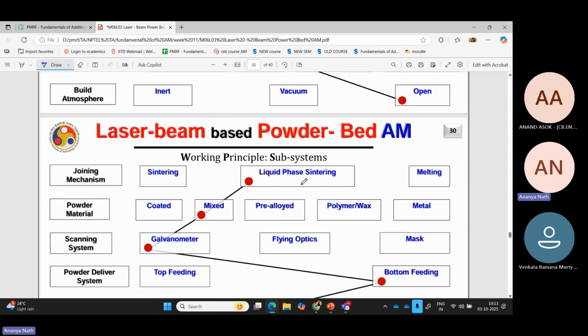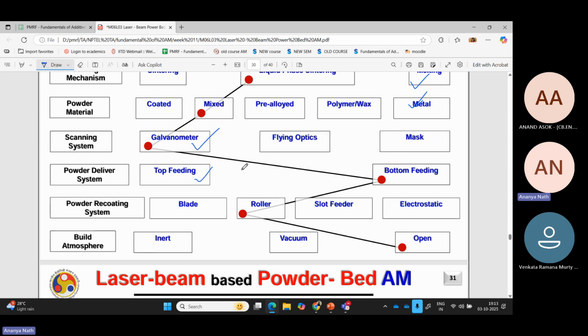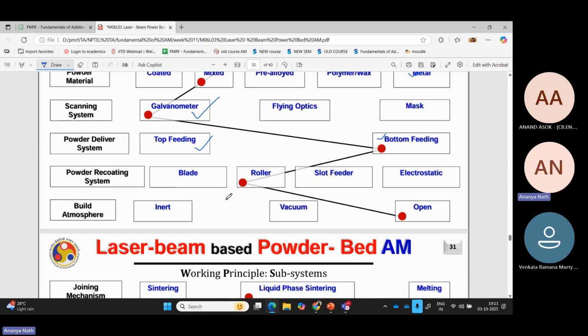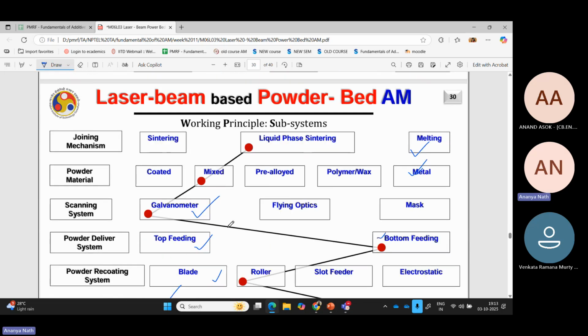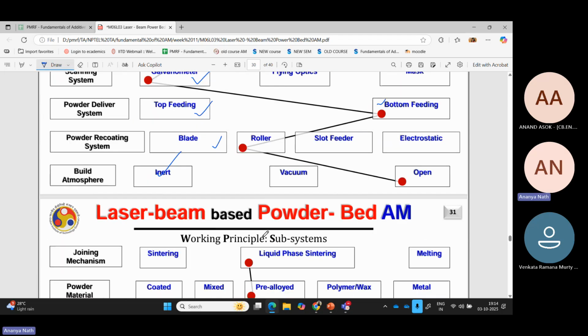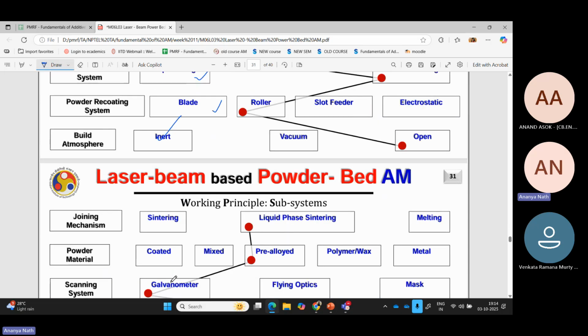The best combination for metal, I can say, is metal with melting, with the galvo scanner, with the top feeding or the bottom feeding, but top feeding is better with the blade and with the inert atmosphere. That is the best combination for metal printing. For sintering, polymer printing, again polymer, sintering, galvo scanner, top feeding, blade and inert will be the best combination.